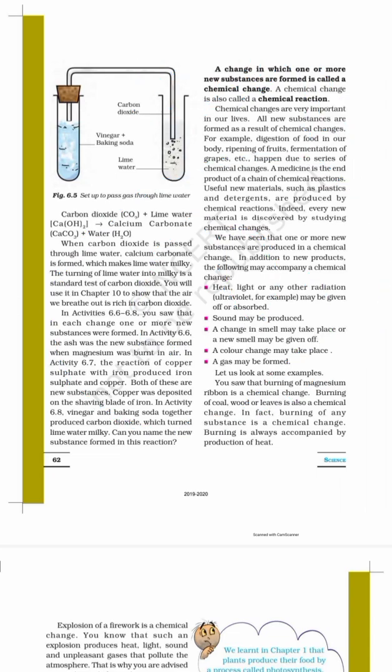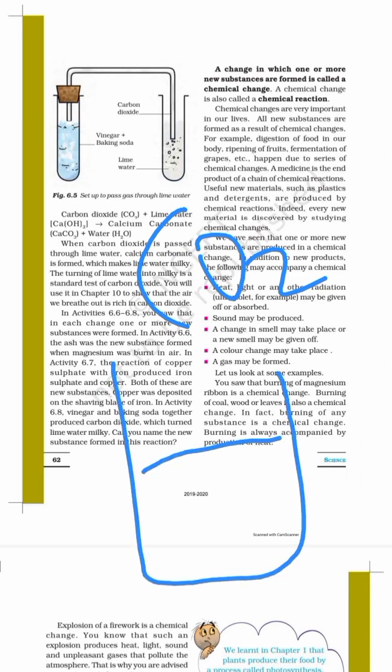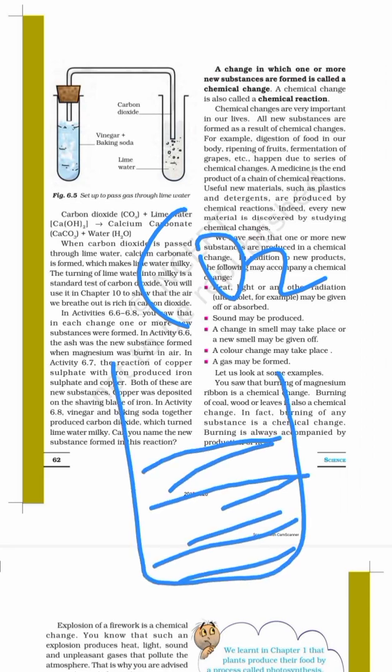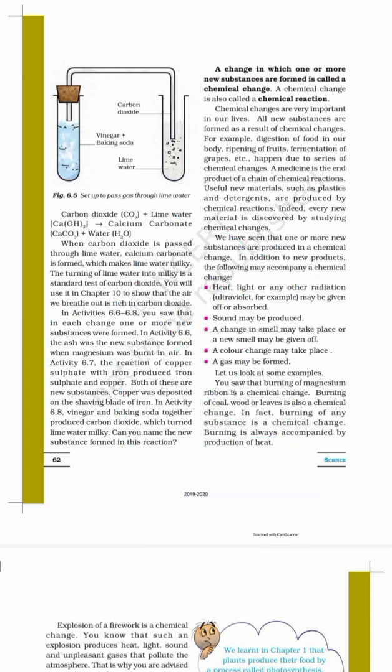Now if you want to check carbon dioxide, how will you check? You have to take lime water. Now we have to put carbon dioxide inside. This lime water will change its color to milky white. So you can come to know that carbon dioxide is present.